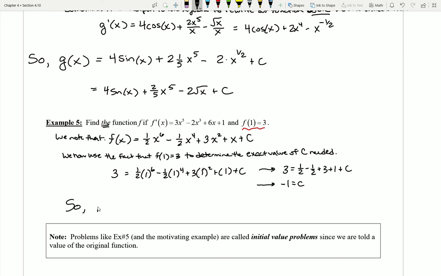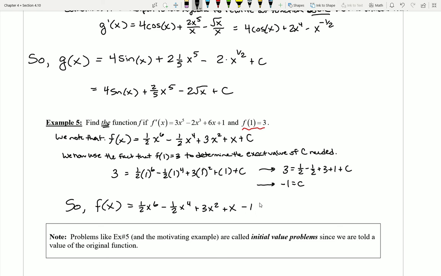So that means that I can actually state the exact function that meets these two properties. F of x would be 1/2 x to the 6th minus a half x to the 4th plus a 3x squared plus the value of x, and then instead of writing plus c, I can do plus -1, or just -1 also works. There it is.